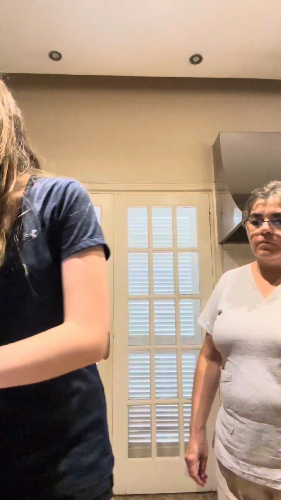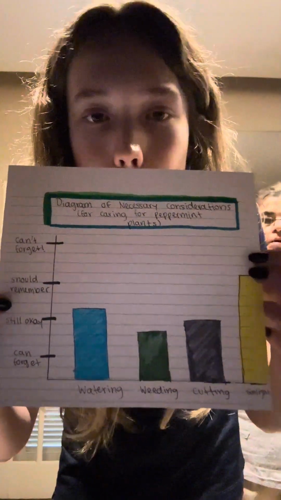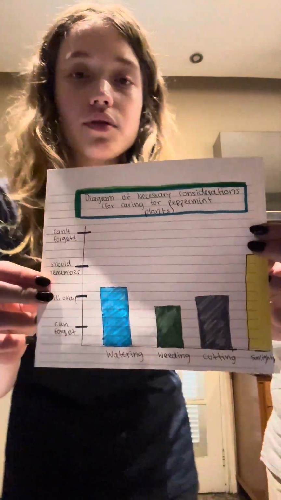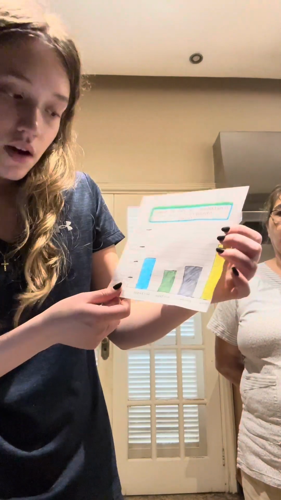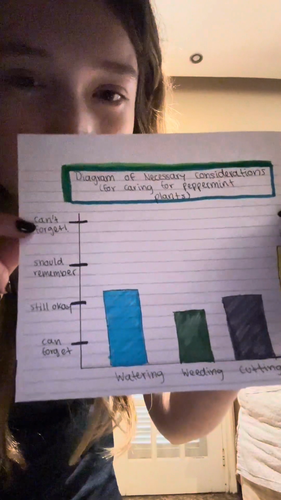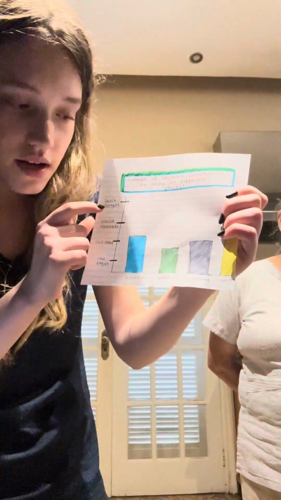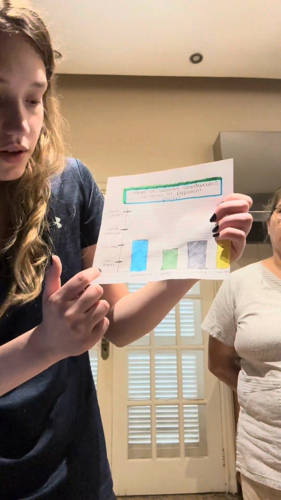So I also made a diagram to show the order of the important things in order to grow a peppermint plant. For example, this is what you can't forget, the most important aspect that it needs. So here's a scale: this is what you should remember, so okay, and can forget.